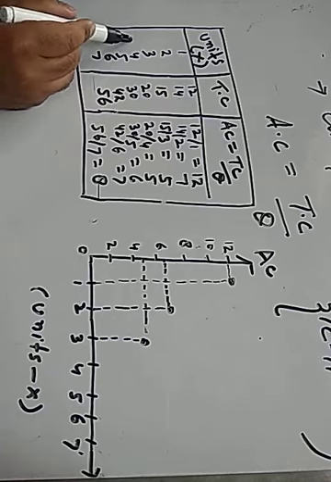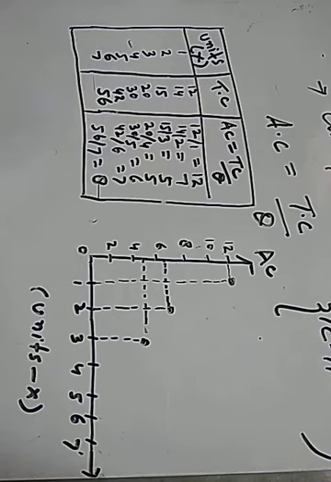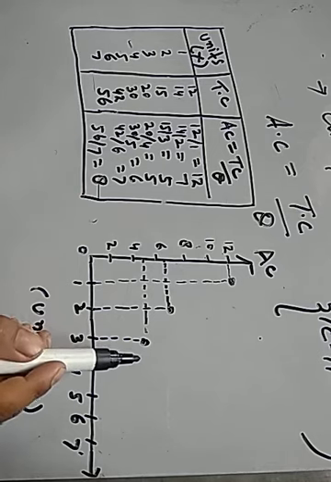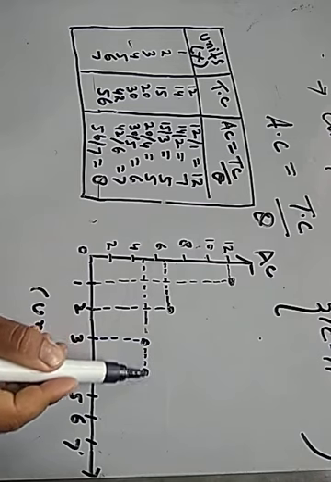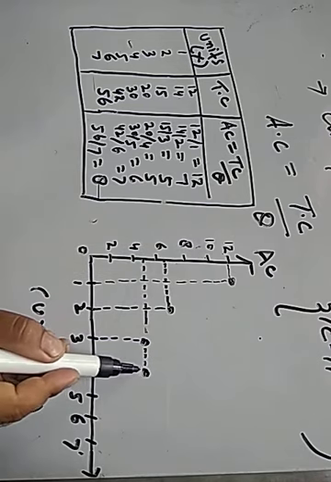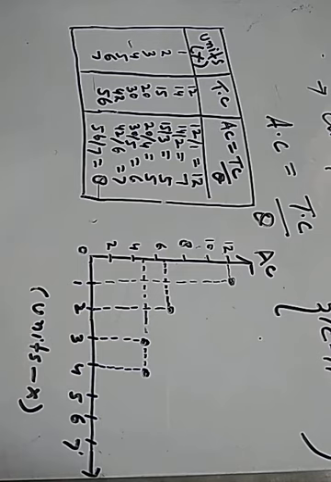And now for the fourth unit, when 4 units of commodity X is produced, the average cost of producer is the same, equal to 5. This one, 5, but the level of output is fourth unit.